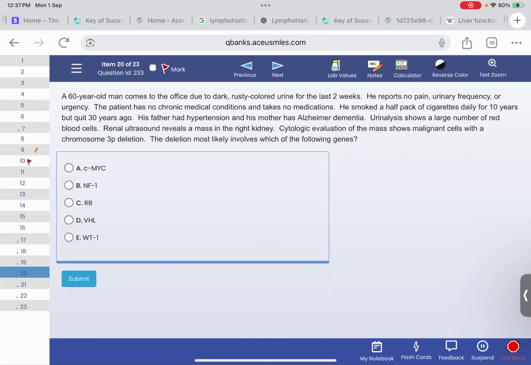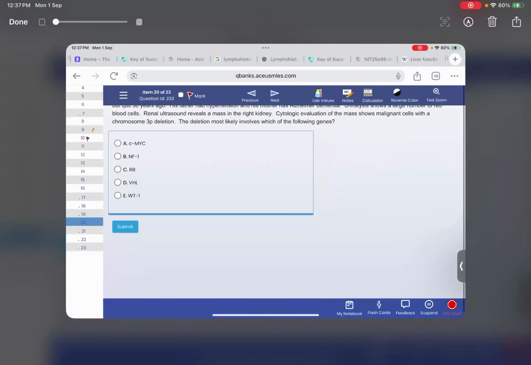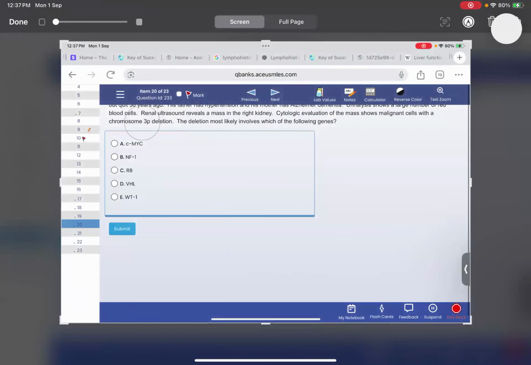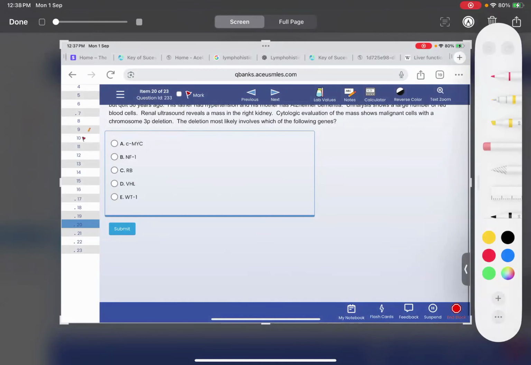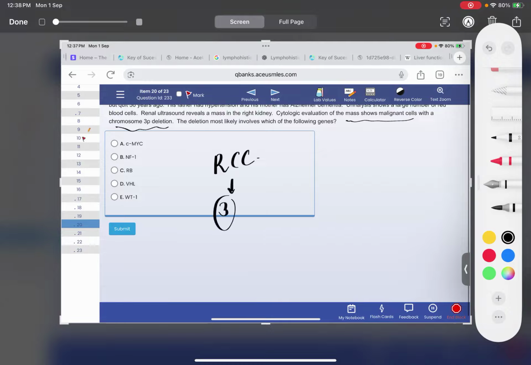They are from genetics and chromosomal abnormalities. If you see this one, we have chromosome 3p deletion, and they have given the stem of a renal mass. Cytology reveals malignant cells, so it is renal cell carcinoma, and we have the mnemonic of 3 for it, VHL, von Hippel-Lindau.